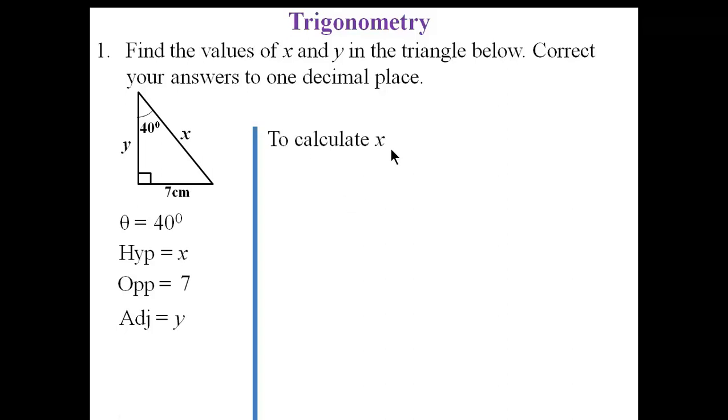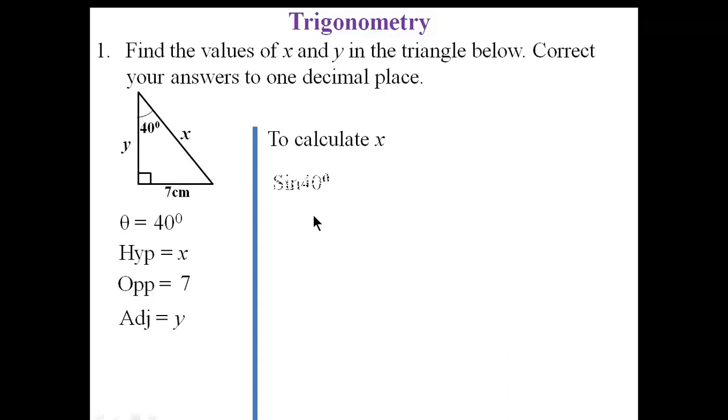Now to calculate x, we need to combine x and a given side. Here we have the hypotenuse, and the given side we can combine it with is the opposite. The ratio connecting the opposite and the hypotenuse is sine.